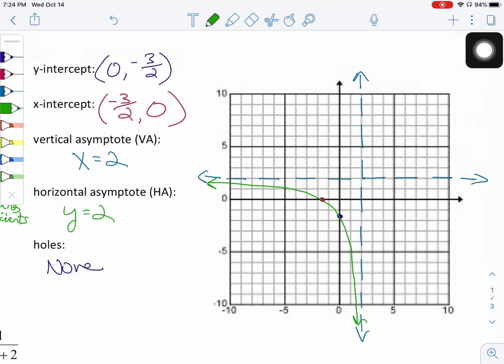So what I'm going to do is pick a test point that is to the right of this vertical asymptote. The vertical asymptote is 2. Obviously, we don't pick that because we know 2 doesn't work. But I want to pick something to the right of that. It doesn't matter what. Just pick some value. I'm going to go ahead and pick 4 for giggles, all right?